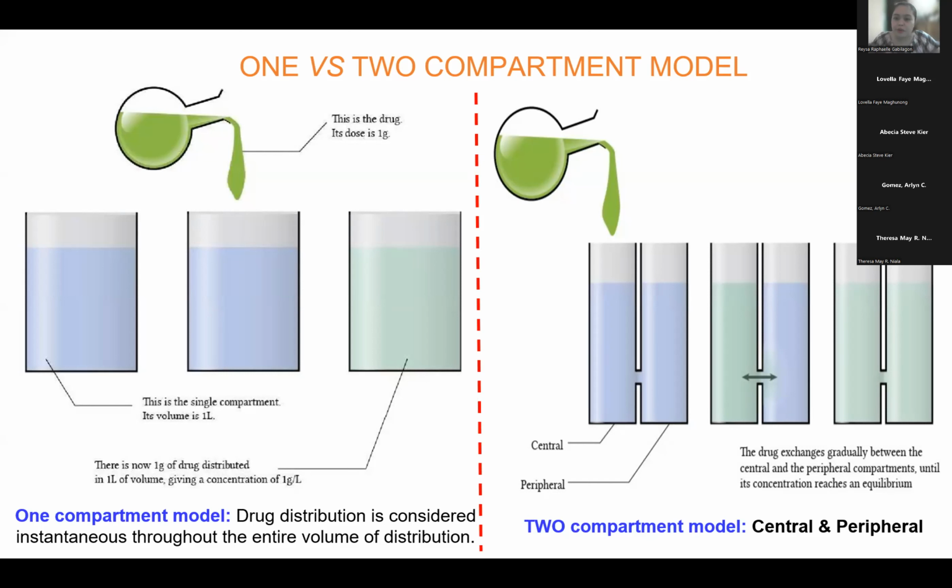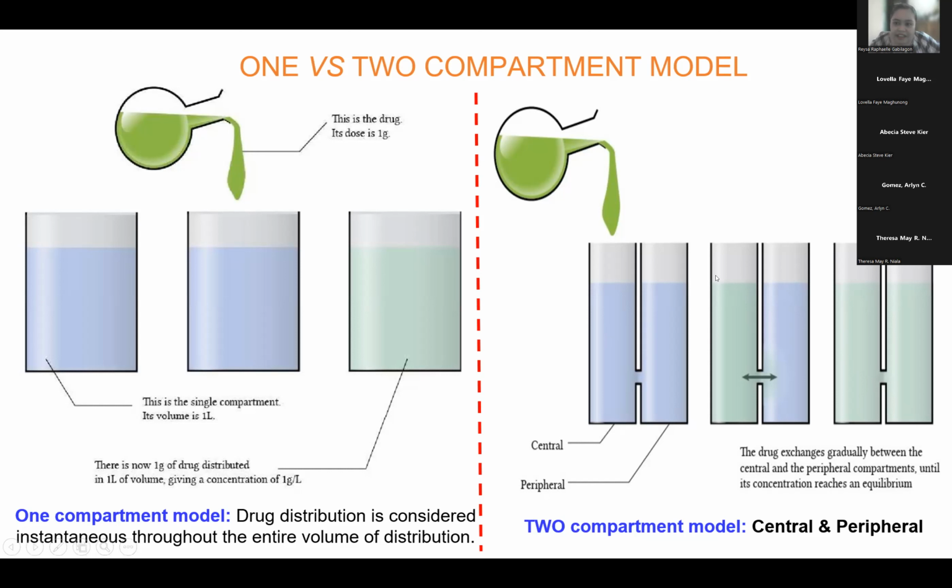However, we are going to look at the two compartment model for our drug absorption and distribution. We have the central compartment and also the peripheral one. That makes it a two compartment model wherein after drug administration, the central compartment first receives the drug, and then it will be distributed to the peripheral compartment at a certain rate.